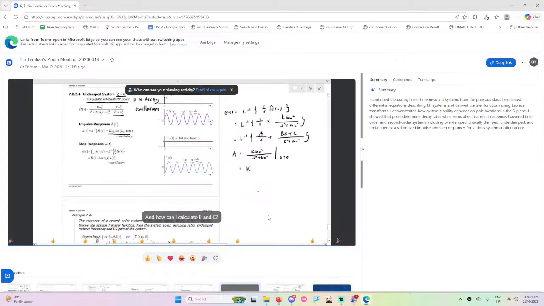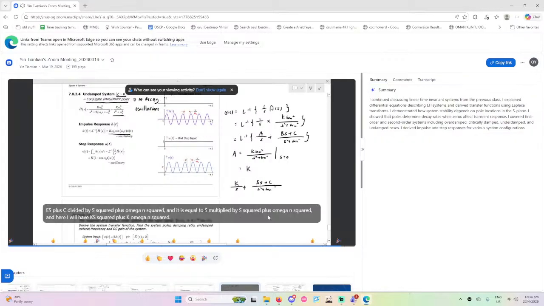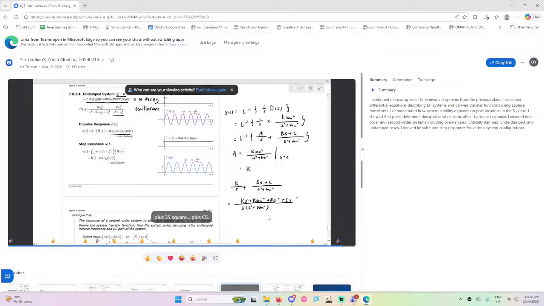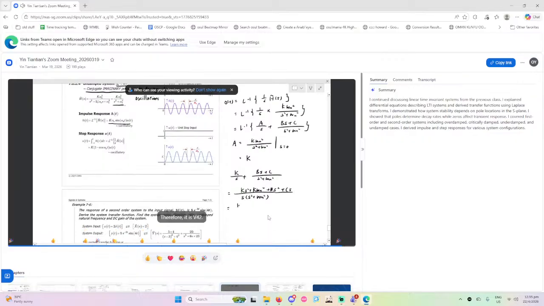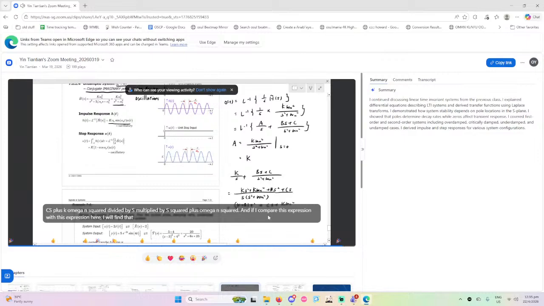And how can I calculate B and C? I can just reconstruct them. So I assume that K over s plus (Bs plus C) divided by s square plus omega n square is equal to K times (s square plus omega n square) plus (Bs square plus Cs), all over s multiplied by s square plus omega n square. Therefore, it is equal to (K plus B) s square plus Cs plus K omega n square, divided by s multiplied by s square plus omega n square.